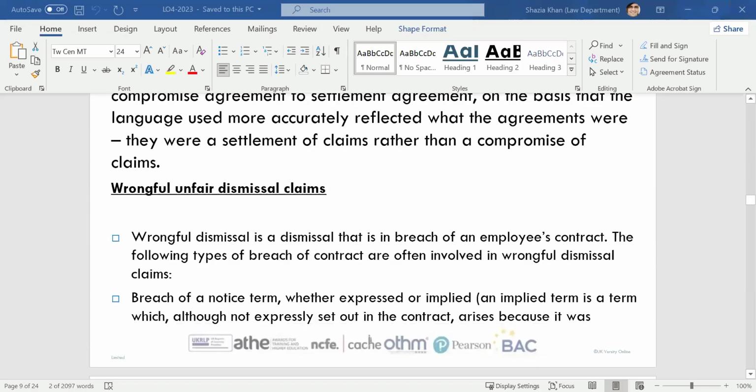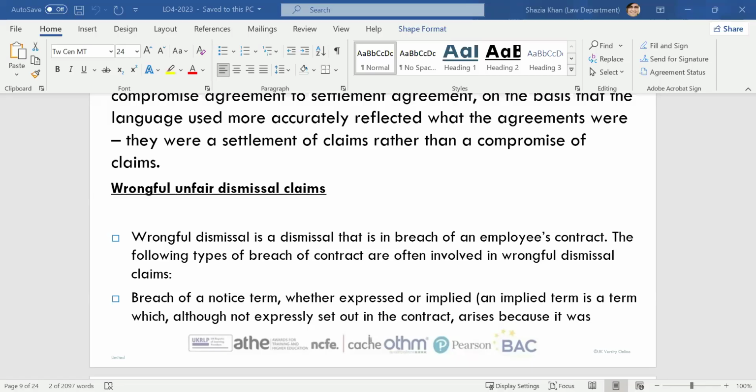Wrongful dismissal claims. What do you think is a wrongful dismissal claim? Give me an example of a wrongful dismissal. For example, if your employer decides to terminate your contract without any reasonable explanation. Yeah. So it could be where there's a breach of contract, while unfair dismissal is statutory, based on the fairness of the dismissal.